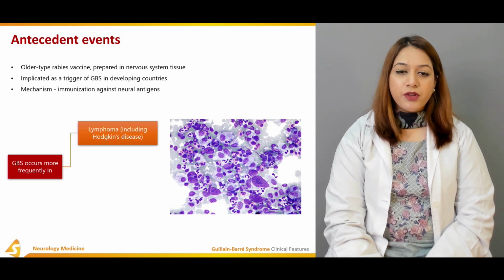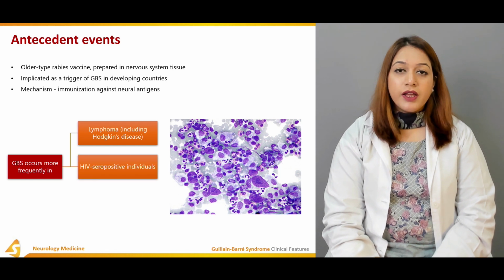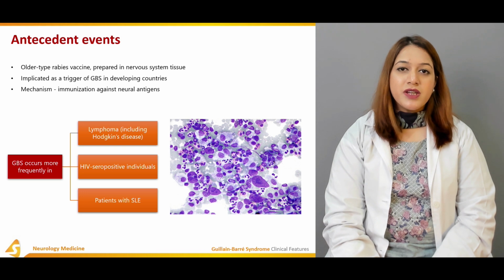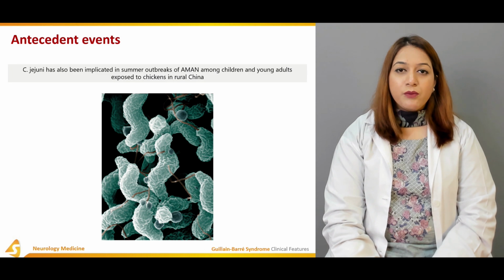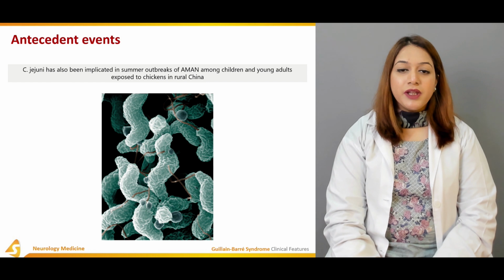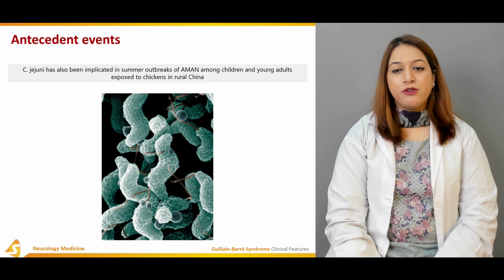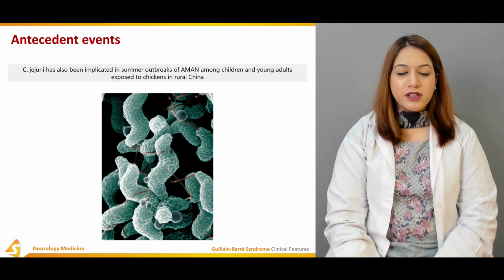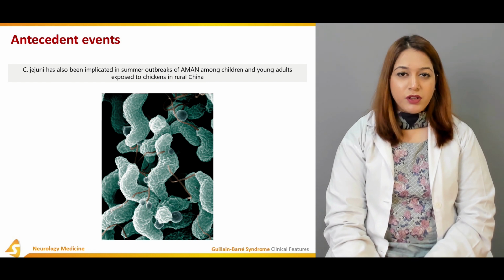GBS occurs more frequently in patients suffering from lymphoma or Hodgkin's disease, or HIV seropositive individuals, or patients with systemic lupus erythematosus. We have also seen that Campylobacter jejuni has also been implicated in the summer outbreaks of acute motor axonal neuropathy among children and young adults, especially exposed to chickens in rural China.